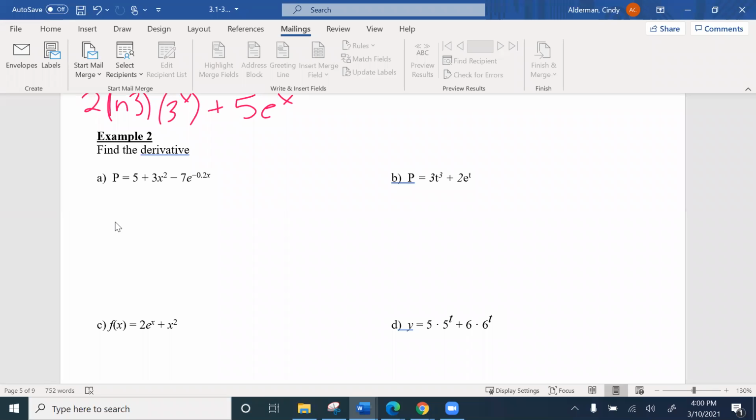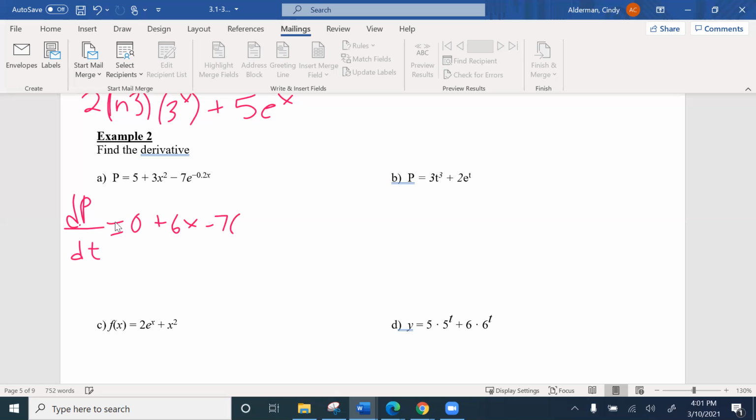Okay, so oh, and let's start using this other Leibniz notation. dp over dt, that means the same thing as p prime, okay, is going to equal the derivative of a constant is 0. Using the power rule, this would be 6x minus 7 can come out, right? And then we have to use the rule for the e to the kt power.